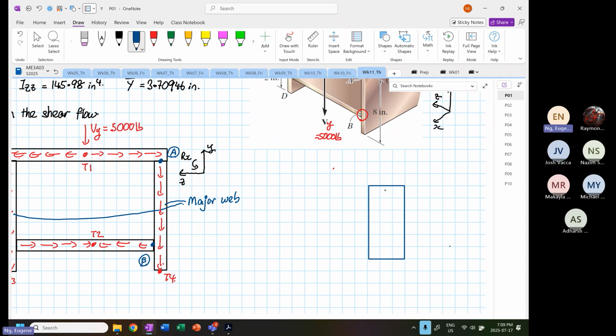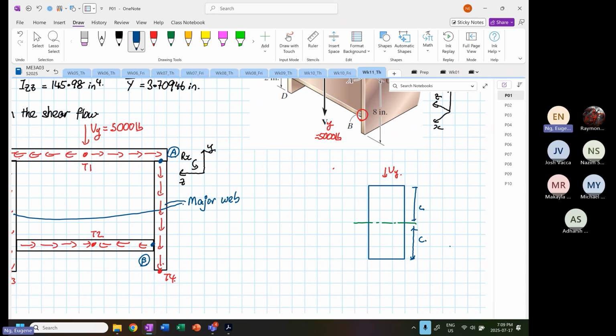Right, and then we have this as our geometric centroid, and then we specify that this is our Vy. And remember, the top dimension over here is our C, and the bottom over here is our C also.